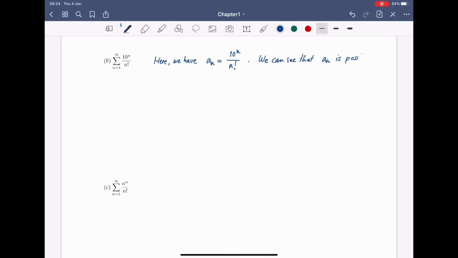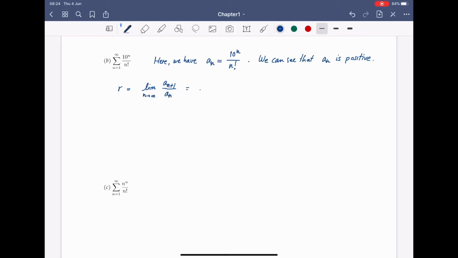Because 10 to the n is always positive, and n factorial cannot be negative. So, well, an is always positive anyway. So now we just compute our limit of an plus 1 over an. This is your ratio r.